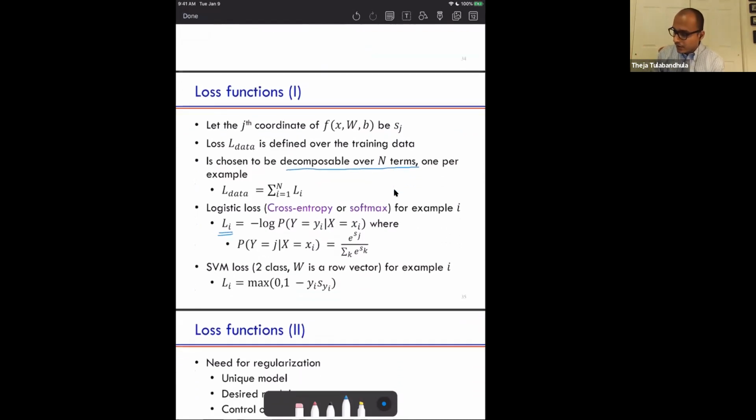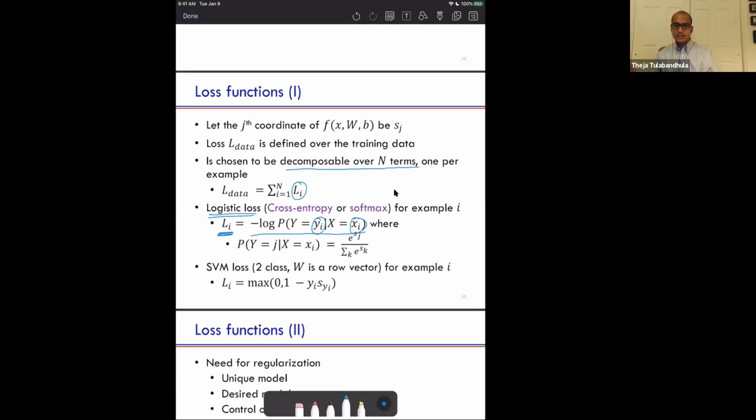Let me talk about the first type of loss, which is the first choice that you can make for Li. It makes sense for binary classification tasks as well as multi-class classification tasks. The choice is Li equal to the negative log probability of what the true class is, which is Yi, given this particular Xi.